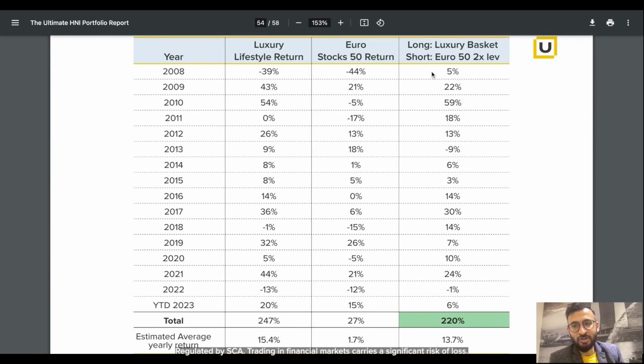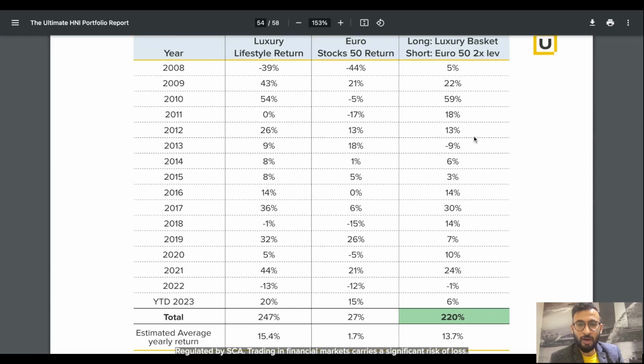But if you bought the luxury basket and short sold Euro stocks, you would make a 5% net return, because you would lose 39% in luxury lifestyle on the buying side, but you would short sell Euro stocks that dropped 44%, so you make a return. So 44 minus 39, 5%.